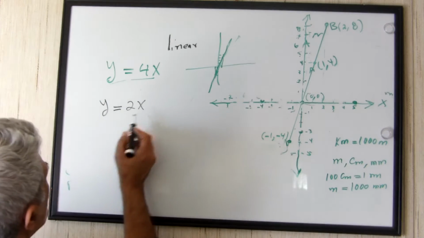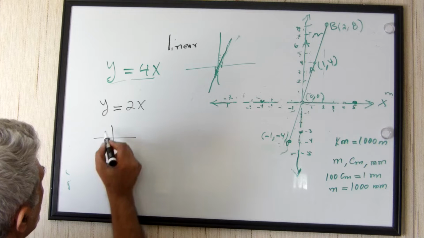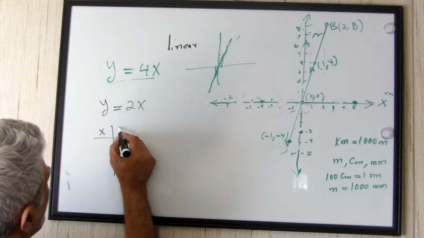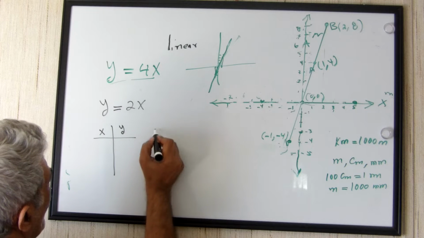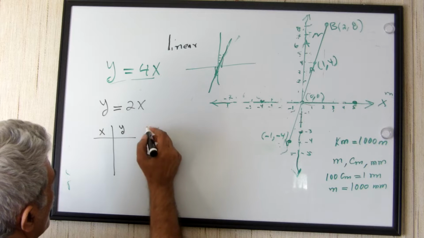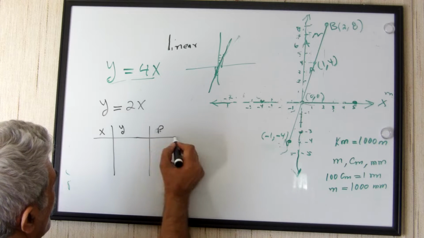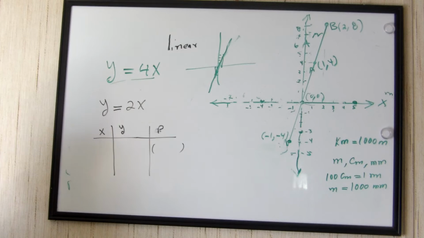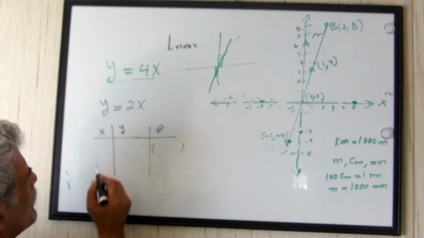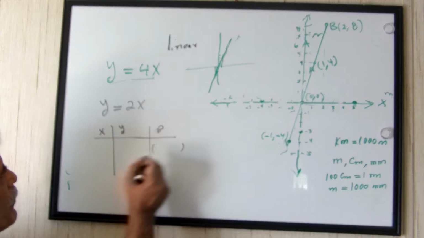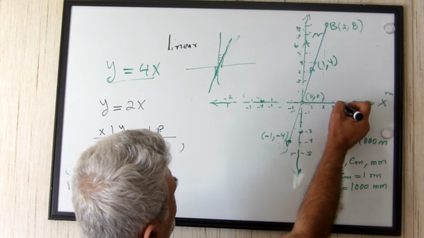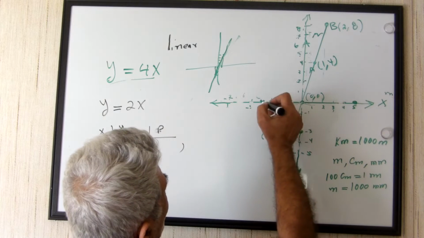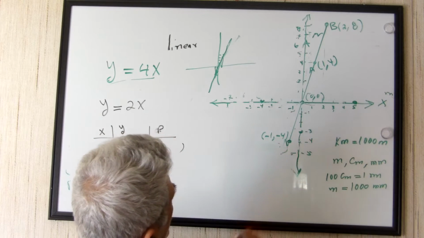What we do to draw it, we give value to x and we find y. And then the point, the coordinates of this point, x coordinate, y coordinate. We give some values that are positive x and sometimes negative x, so we can find these numbers too.